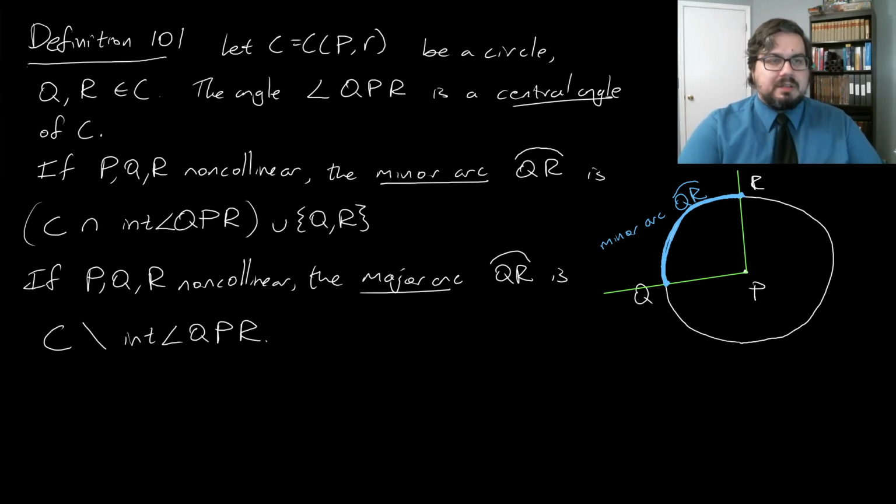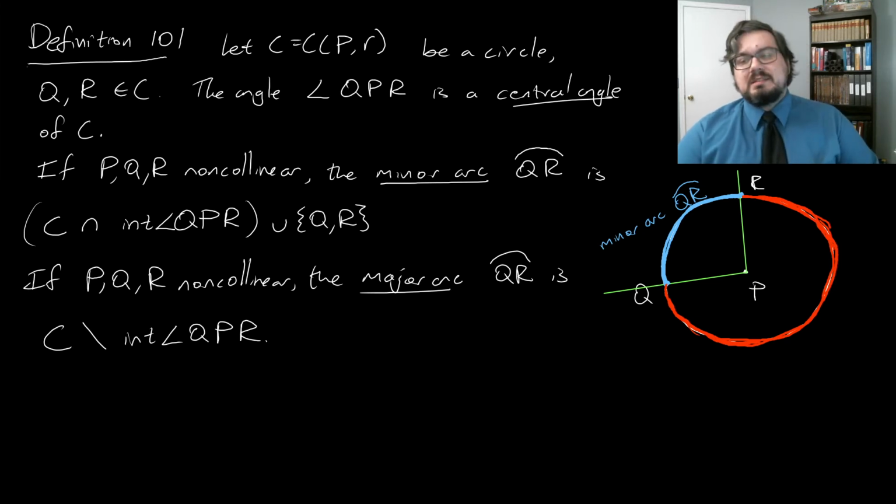So I'll do that one in red. So the difference between the minor arc and the major arc is whether they are including or excluding the interior of the angle here. Intuitively, based on notation and ideas we have from trigonometry and such, a major arc is going to be one that goes more than halfway around the circle, whereas a minor arc is one that goes less than halfway around the circle.